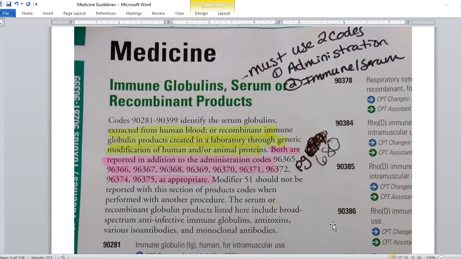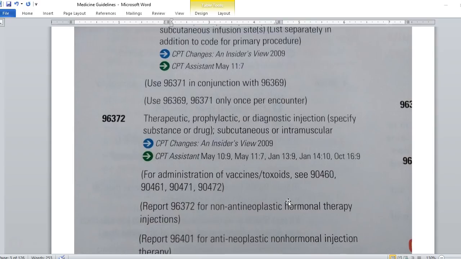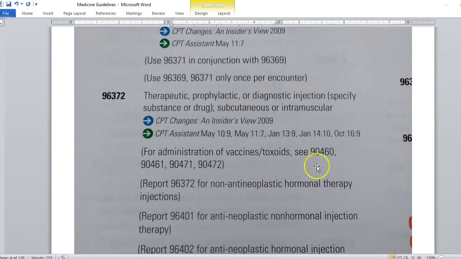Okay, so you can see I've written page 680. Page 680 is where the administration codes start, and I'll scroll down for a minute so you can see. This is one of the most common ones because this is the subcutaneous or intramuscular. This is not the only one. Obviously, there's a whole list of them. If someone is getting this intravenously, then we're going to have it for intravenous. If someone is getting this through a central venous port, we have that as well.